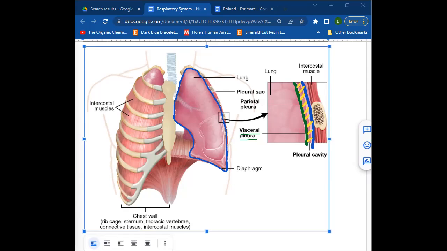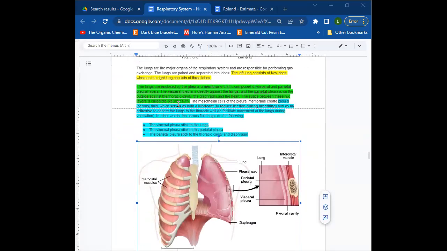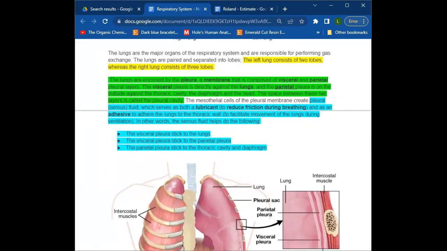We already talked about the serous fluid, that it reduces friction, but it also is going to make everything very sticky and help everything stick together, stay together.